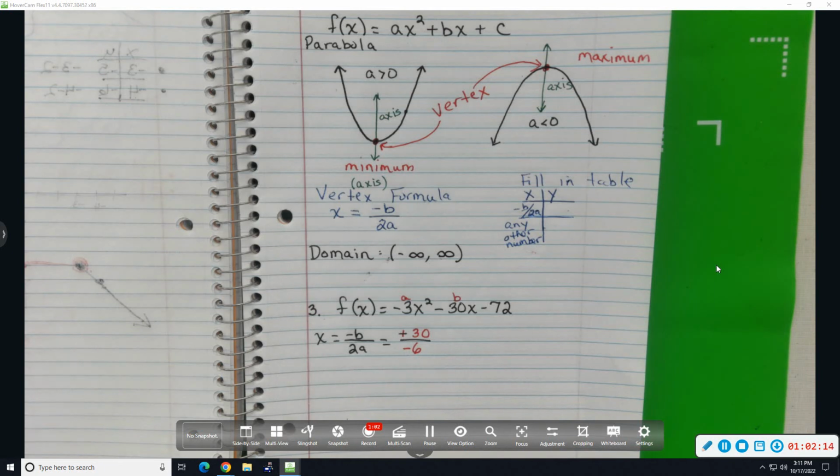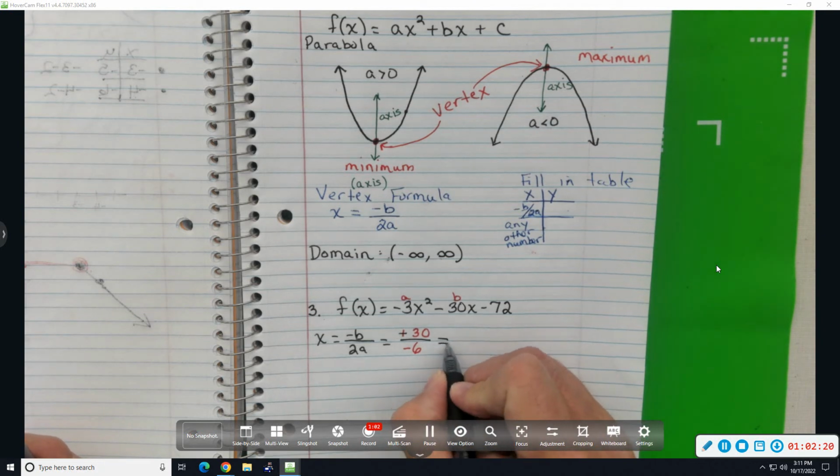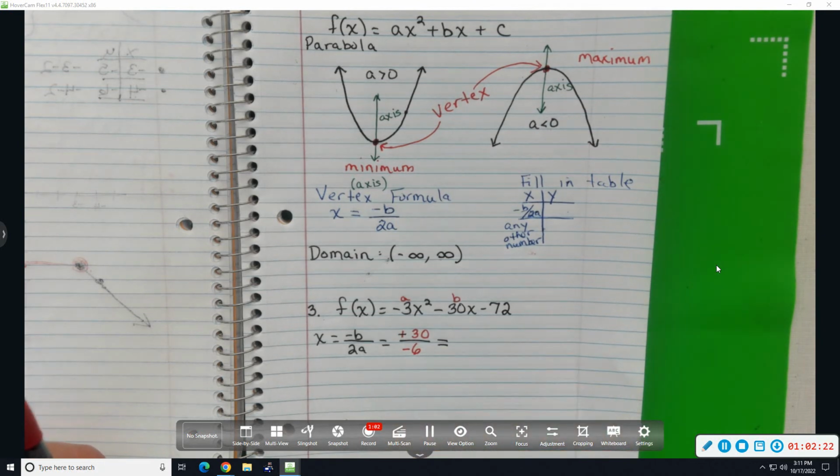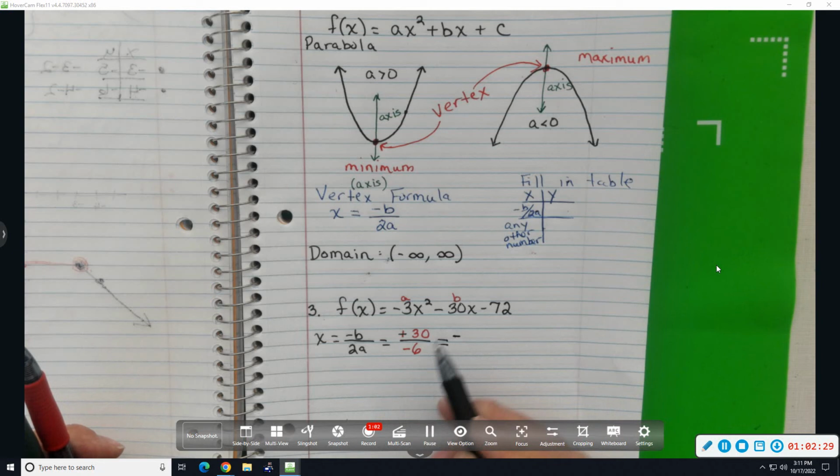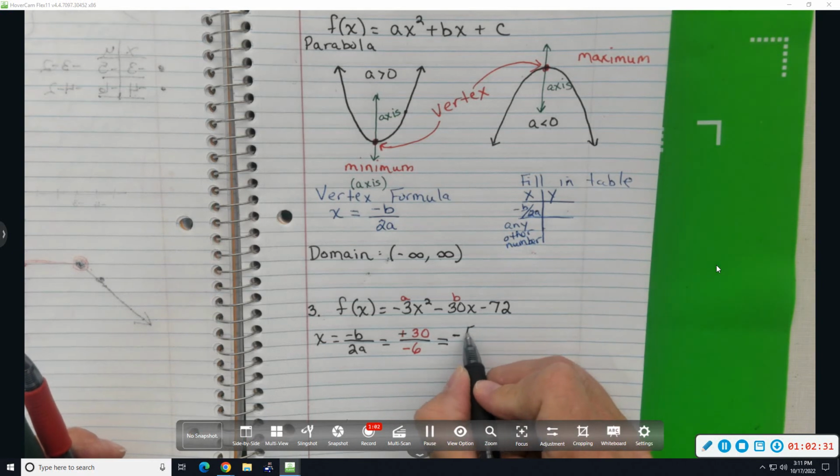So let's see, what's the x-coordinate of this vertex? Positive 30 divided by negative 6 is, not hard, I'll get you started, negative 5, okay.